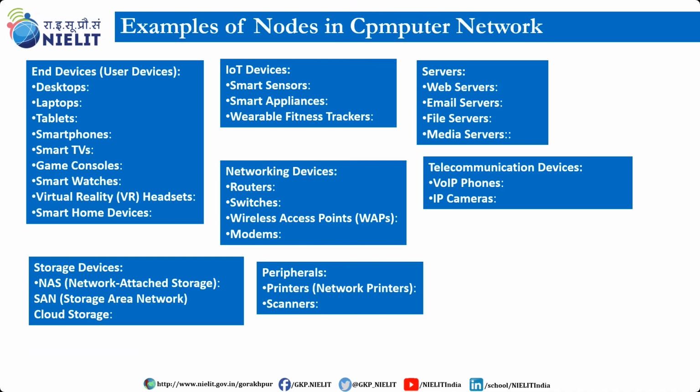So this cloud storage can also be treated as a node. Node simply means capable of sending or receiving data. If these features are available in a particular device, then it can be treated as a node of a computer network. Then peripheral devices are there, a network printer or scanner device can also be treated as a node in the computer network.